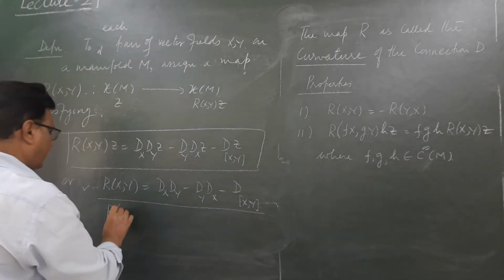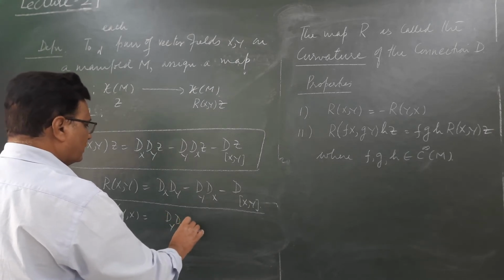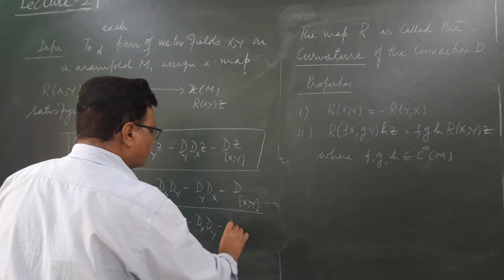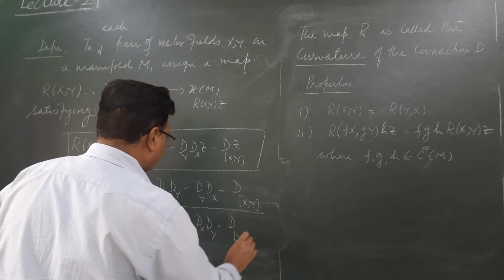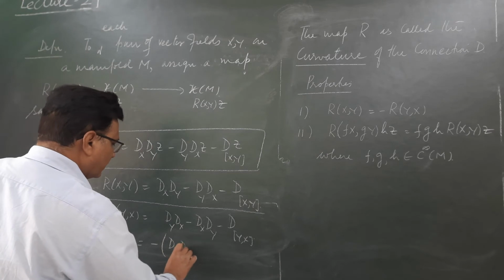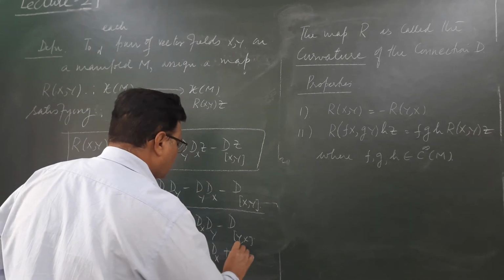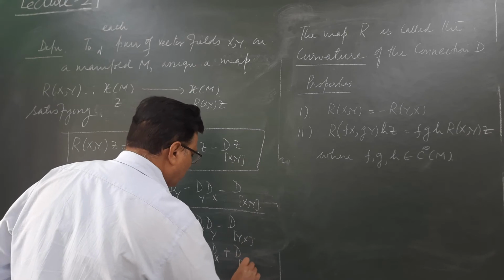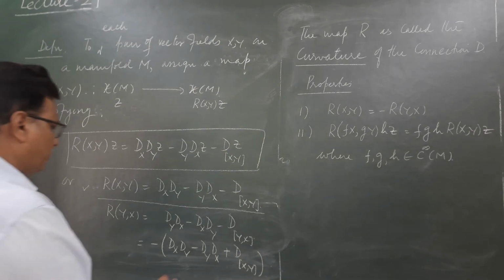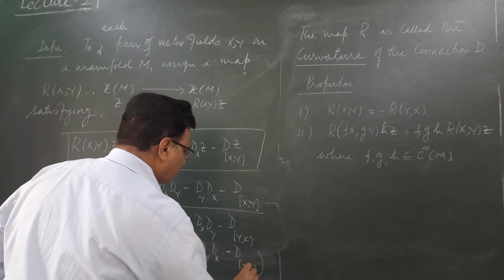So R of yx, what will it be? It will be dy dx minus dx dy minus d of Lie bracket yx. Take the minus common, then this will become plus dx dy minus dy dx, and this will become plus d of Lie bracket, keeping yx, okay.